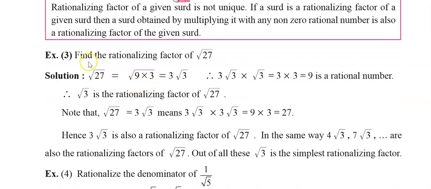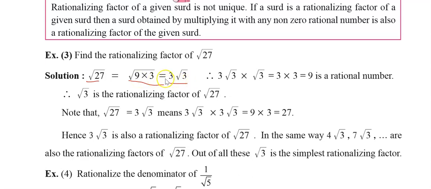Now see this here, find the rationalizing factor of root of 27. Is the rationalizing factor of root of 27 itself root of 27? No. First of all, if we simplify root of 27, it can be written as root of 9 into 3. The square root of 9 is 3. That is 3 root 3.